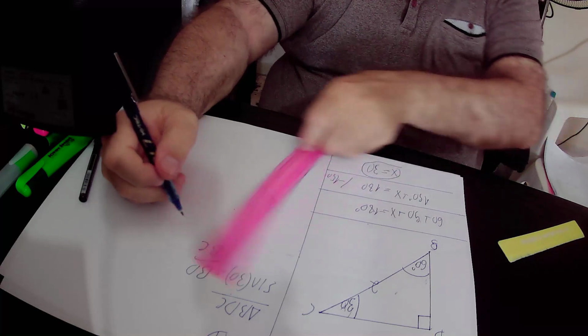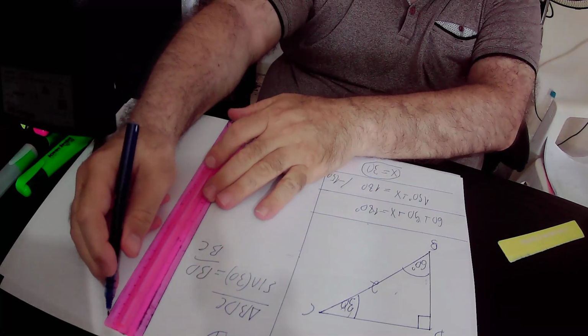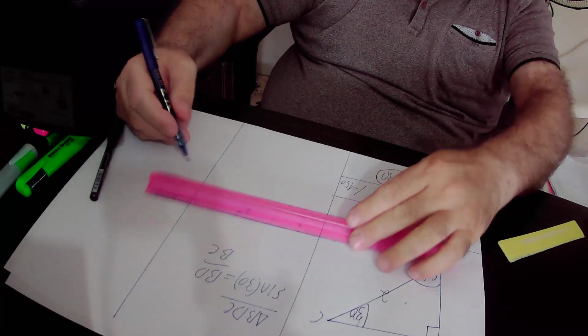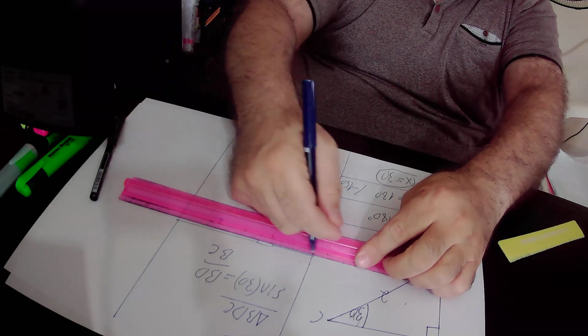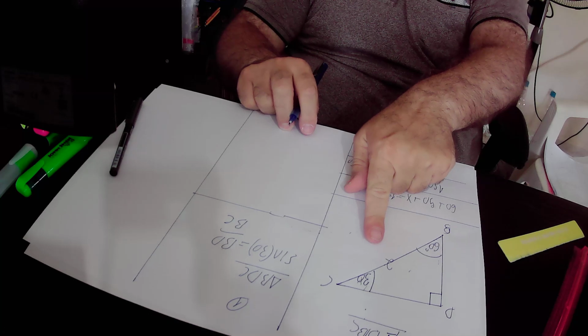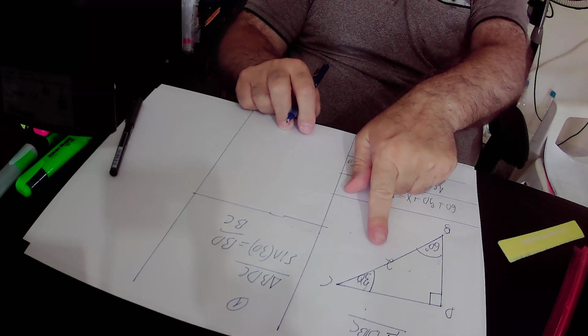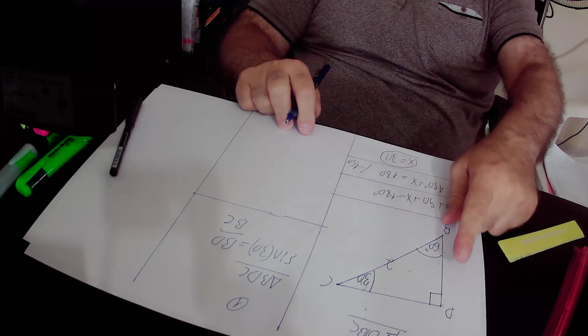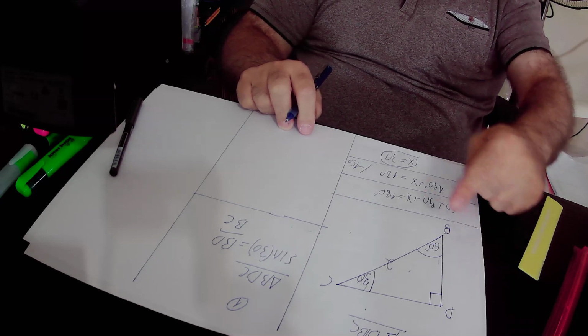I'll repeat again. In the right triangle BDC, sine 30 degrees is equal to BD over BC.